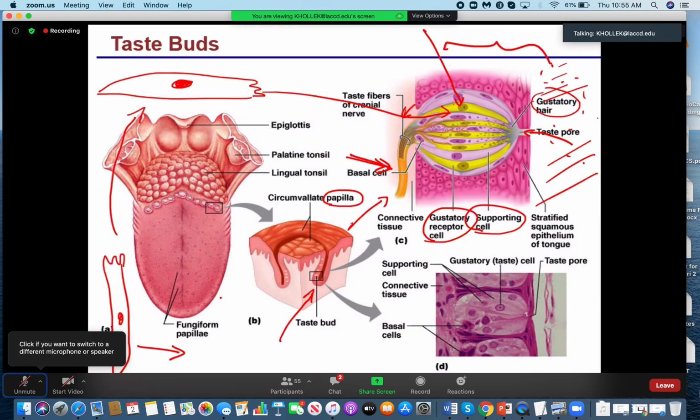Perhaps you could do this at home if you like to, you could map to see which type of receptors you have where. You don't need to know this for the exam or the quizzes, but at the tip of the tongue you could detect the sweet better, for example, and salty on the side of the tongue. You could detect the sour, and the bitter you could detect towards the back of the tongue.